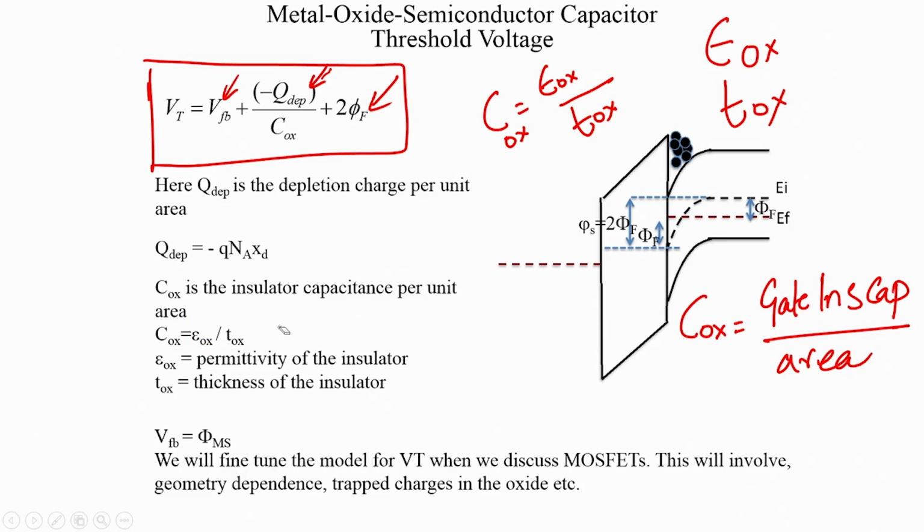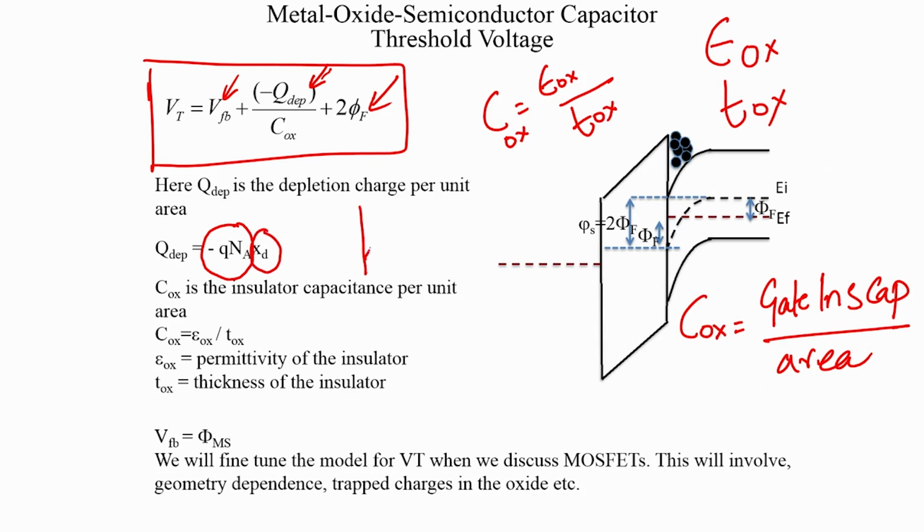What is Q depletion? So, this is something you are already familiar with. You have solved Poisson's equation enough number of times that you know that in a p type semiconductor which is depleted, you have minus QNA as the charge, minus acceptor ions are all negatively charged, minus QNA is the charge per unit volume in the semiconductor into the depletion width, right.